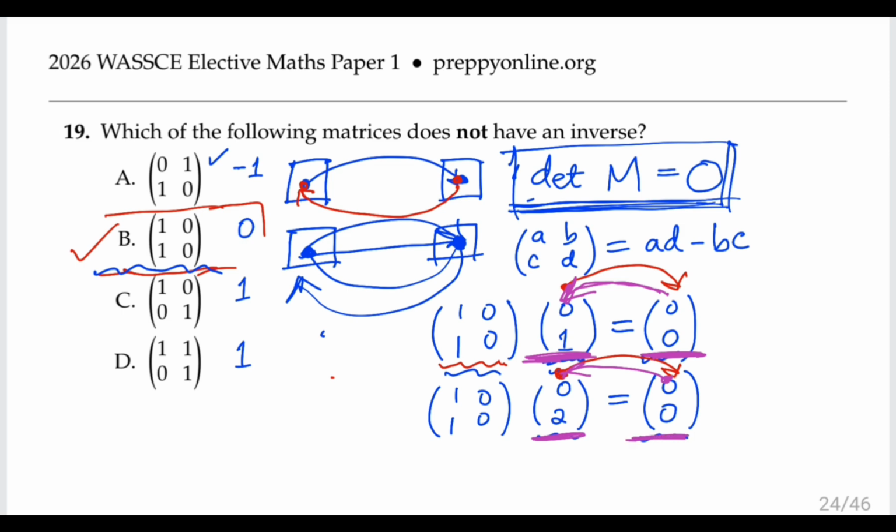And so once you end up in the codomain, you have no way of going back because there are so many ways of getting 0, 0 in the codomain that you don't have a unique way of coming back into the domain. That's the problem with this matrix, and that's why it doesn't have an inverse.